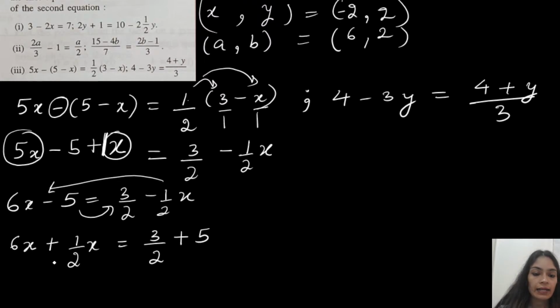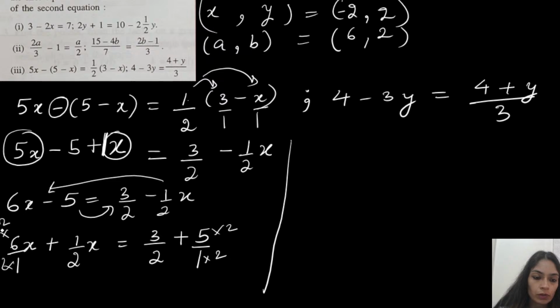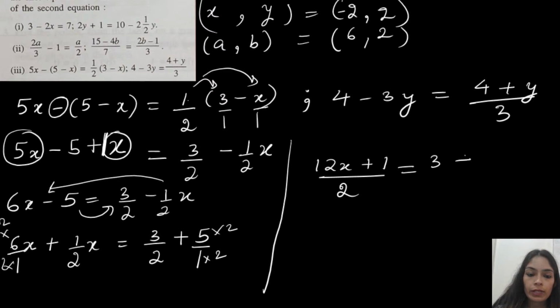Now on each side fractions are getting added, so let us take the LCM. On this side the LCM is 2 and on this side also the LCM is 2. So we are multiplying numerator and denominator with 2. This will become (12x plus 1x) by 2, and on this side it will become 3 plus 5 into 2, that is 10, by 2.